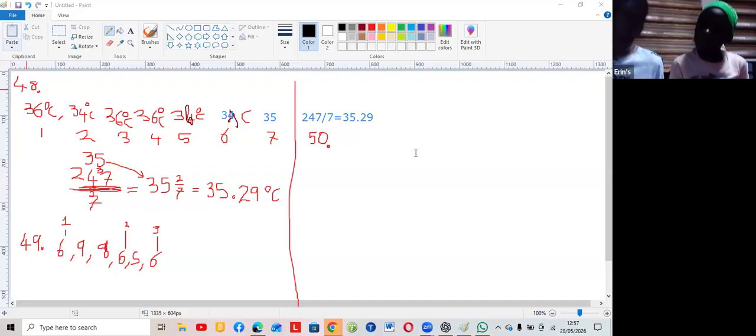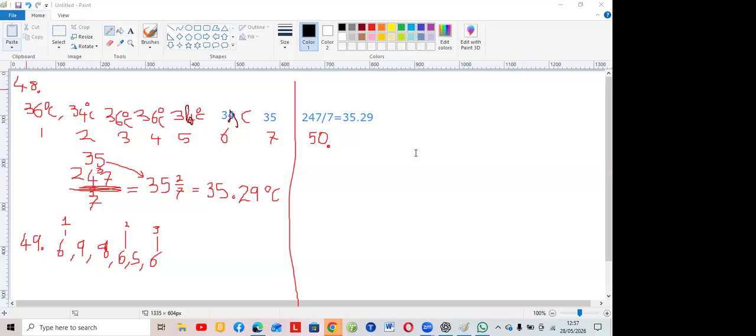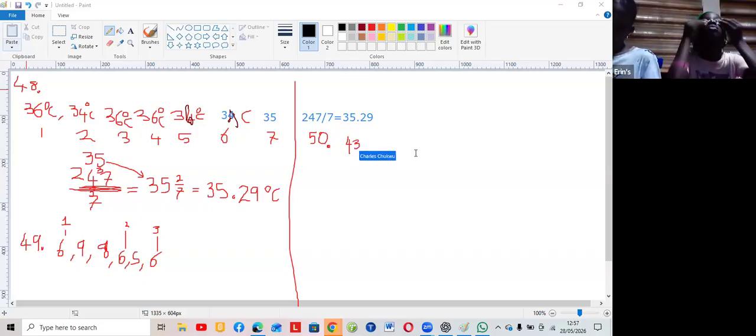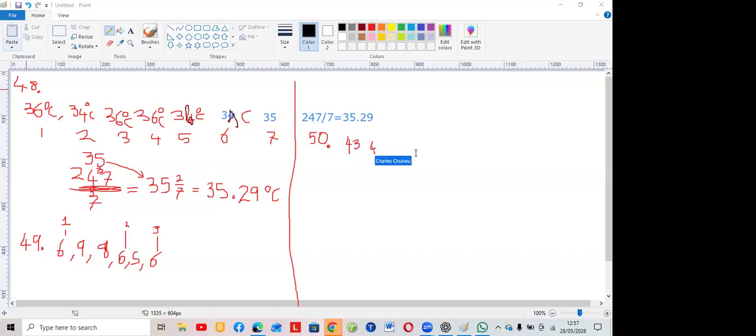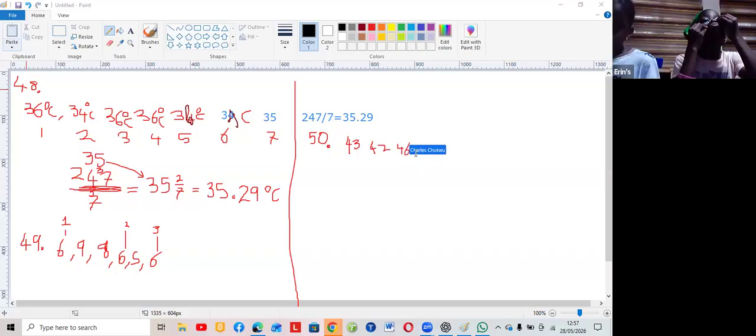So number 50 says the ages of a group of people are 43, 43, 42, 42, 36, 46. I didn't say 46, I said 36.